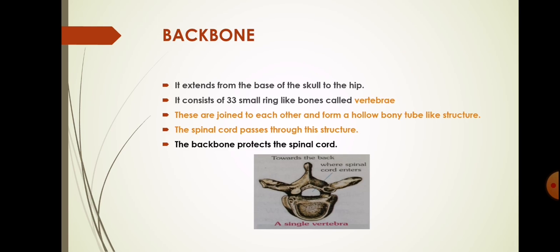These vertebrae are joined to each other and form a hollow tube-like structure, which protects the spinal cord that passes through the holes formed by the joining of the 33 vertebrae. This means the backbone protects the spinal cord.